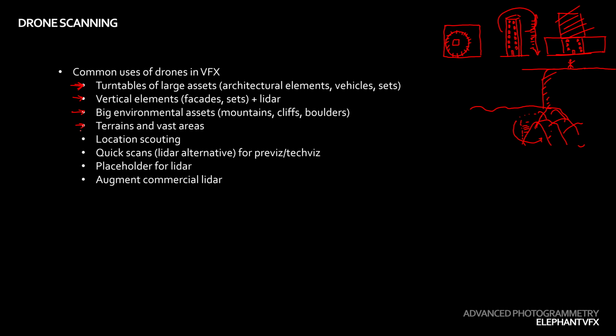Another very common use, and probably one of the types of assets that we cover the most, is terrains and vast areas. Those are also extremely common, and that is when we need to cover a huge chunk of terrain that we need to recreate digitally in one way or another. I don't know, just to give you a classic example, imagine that there is a huge battlefield.